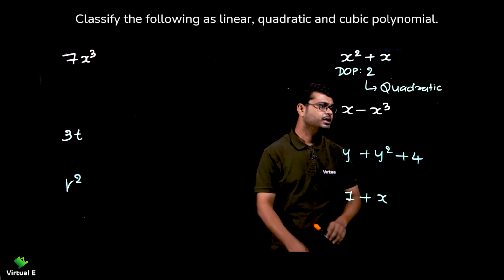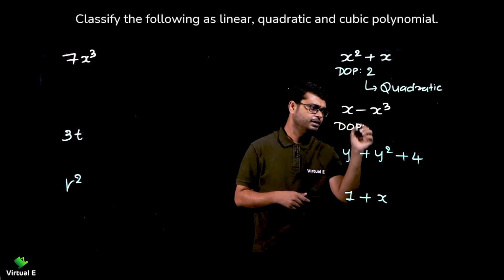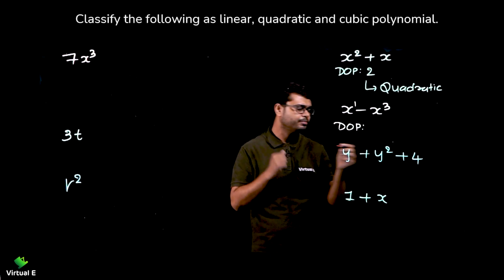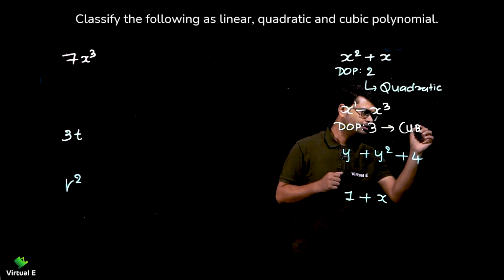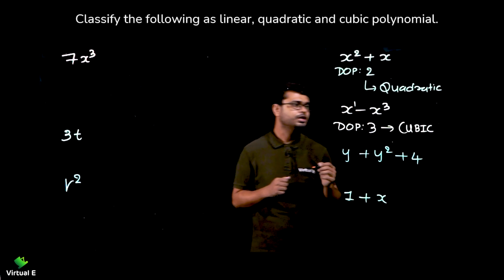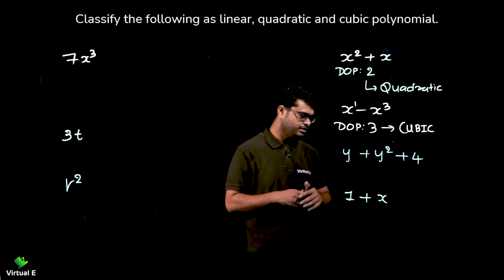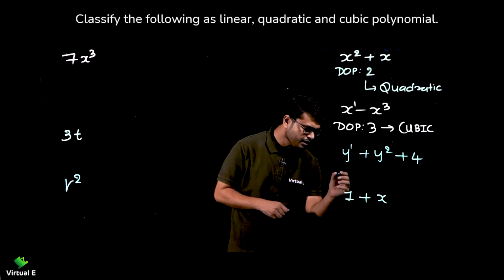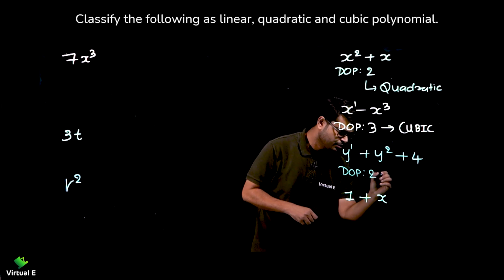So what's the degree of polynomial here? So the DOP, here the powers are 1 and 3. The highest power is the DOP. So that's 3. Here it is cubic. It is a cubic polynomial. Next one, here let's talk about the power. Here 1, here 2 and here there is none. So we will take the degree of polynomial as 2.